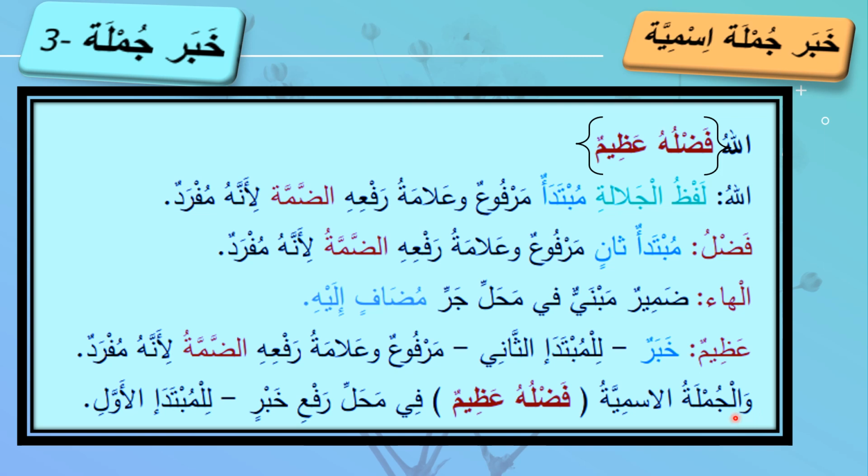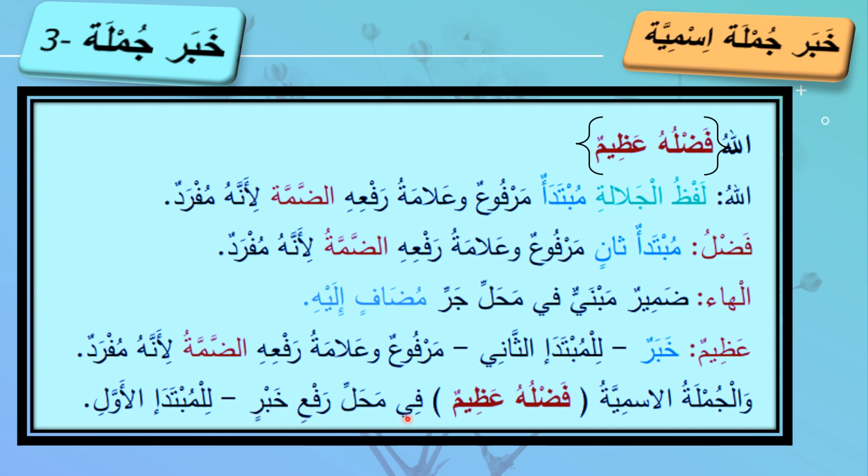And now the whole sentence after lafzul jalala, fadluhu azimun, is a whole sentence, jumla ismiya, with a mubtada and with a khabar. It is a jumla ismiya, and the whole sentence is coming as a khabar for lafzul jalala. So jumla ismiya, fadluhu azimun, fi mahalli raf khabar.